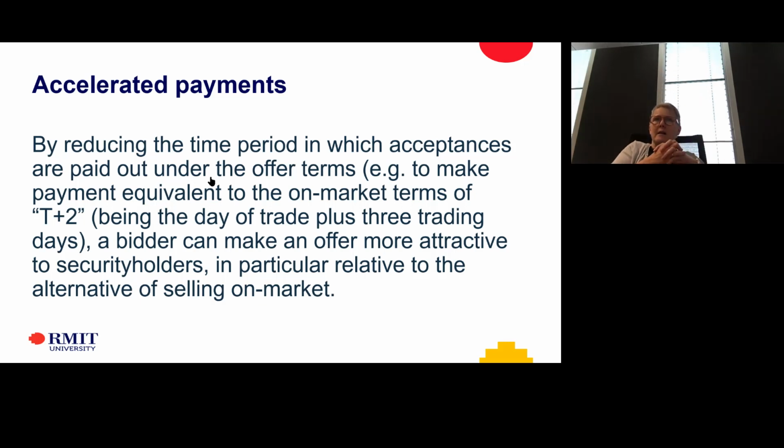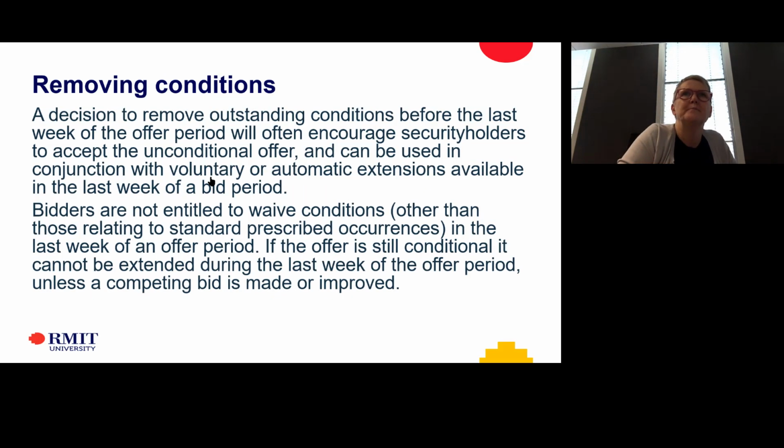Another thing strategically that happens quite often is that by reducing the settlement period, and T+2 is not the big deal that it used to be, but making sure that there's actually available cash for the purchasers and removing the brokerage, ultimately the cash flow position can be structured to make the deal much more interesting to target shareholders.